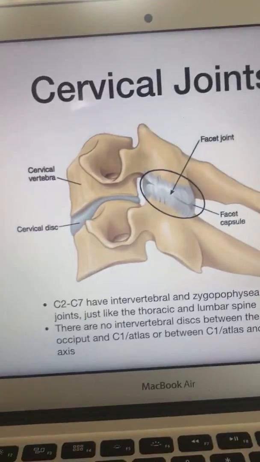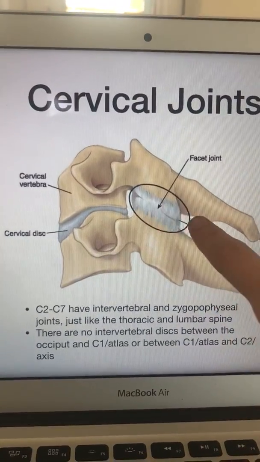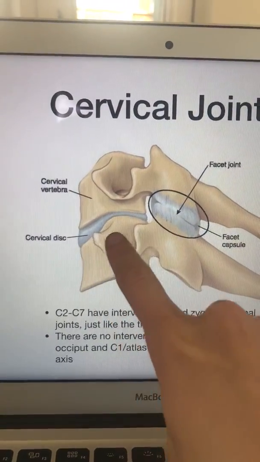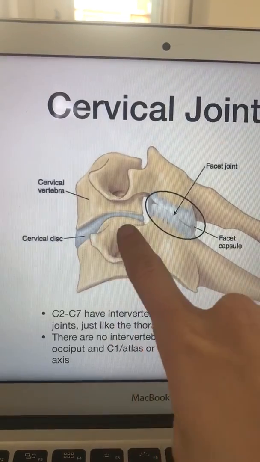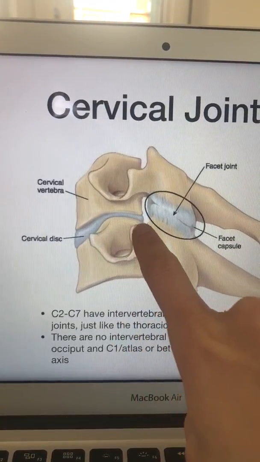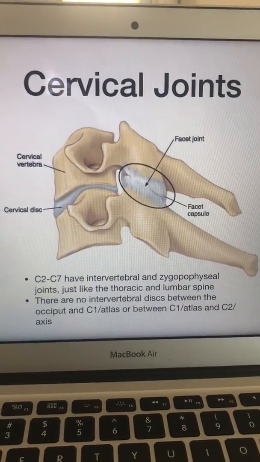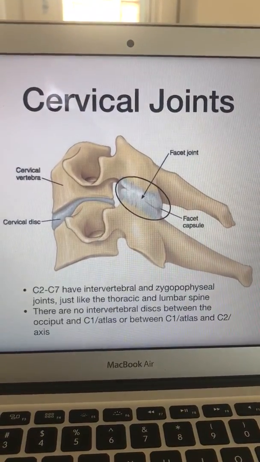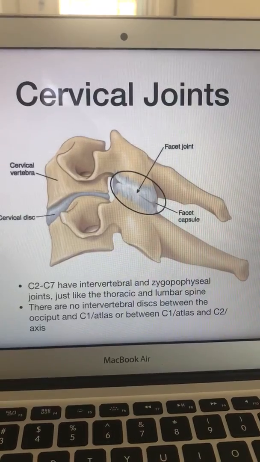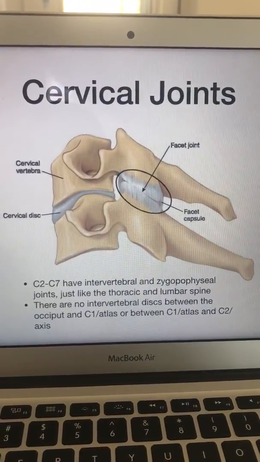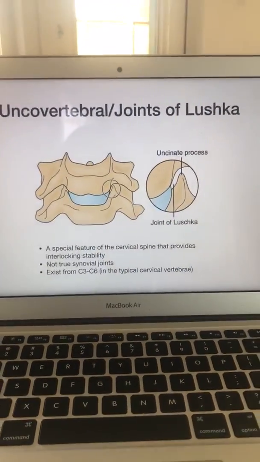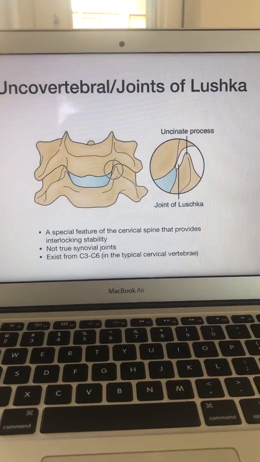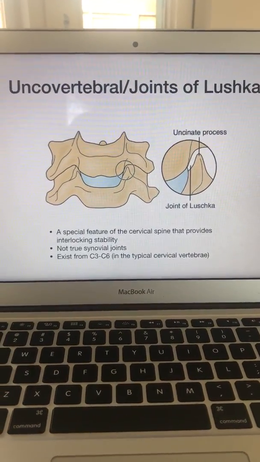Okay, so here's our facet joint in its little capsule. Here's our typical intervertebral joint in the cervical spine. And we talked about there being no disc between the occiput and C1 or C1 and C2. There are those uncovertebral joints or joints of Luschka.